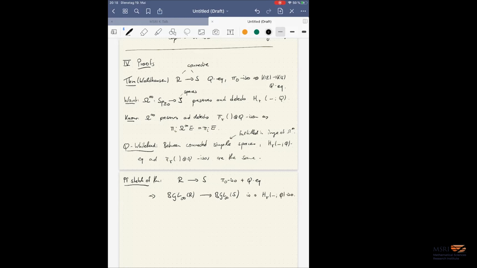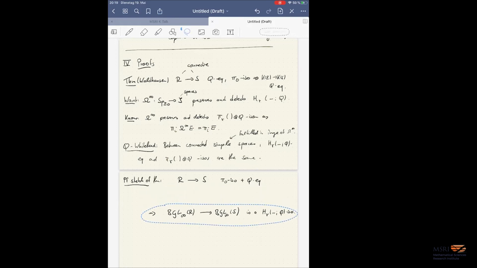How do we do this? I should have given you one step in between, which maybe doesn't fit precisely to what I explained before. This implies it's a pi star tensor Q iso, and this implies that, because for GL infinity R this is true, and then this is also true if we shift by 1, taking classifying spaces, and then these spaces are connected so I can apply the Whitehead theorem.